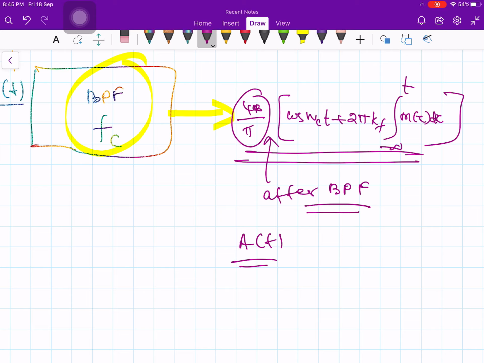So the FM variations remain intact as before.